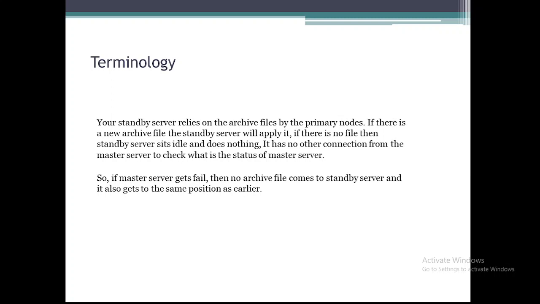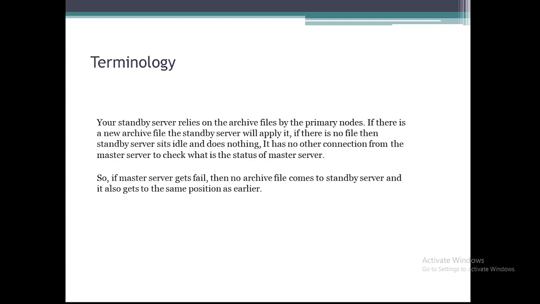So the terminology for this master slave is your standby server relies on archive files only. Okay, archive files from the primary node. The WAL files get archived after they get full, and they get archived to a location over the slave.